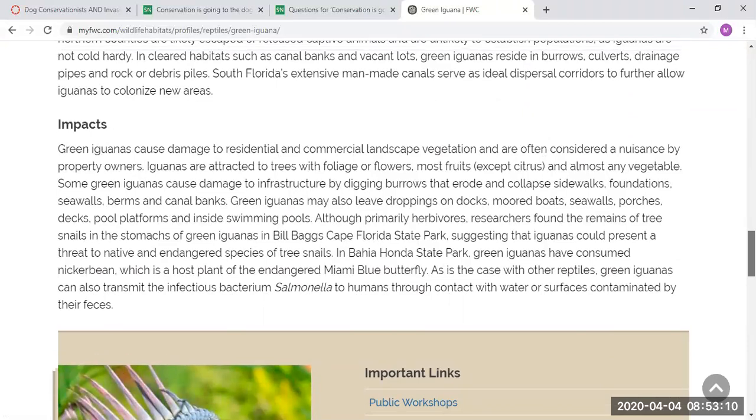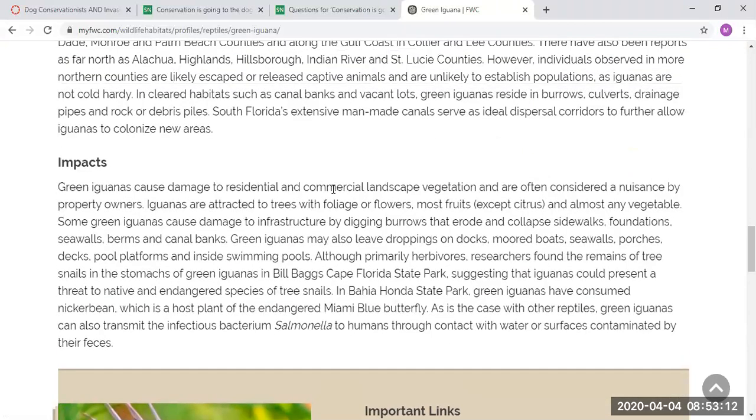So the impacts include those upon residential and commercial landscape vegetation, the infrastructure, the burrowing that I mentioned. They also leave droppings. Oh, well, we can deal with droppings. That's gross. Inside swimming pools, yuck.